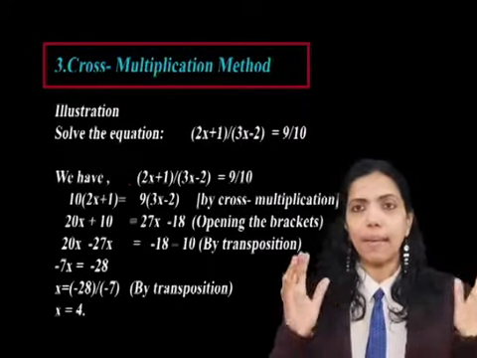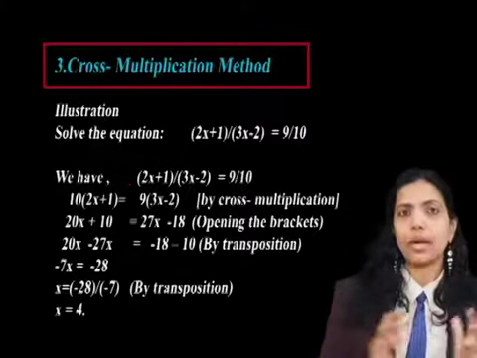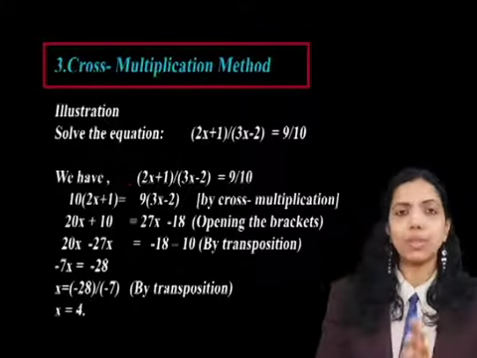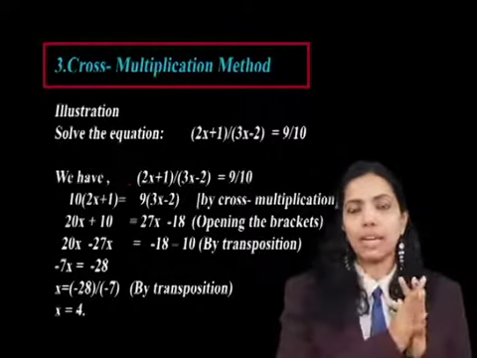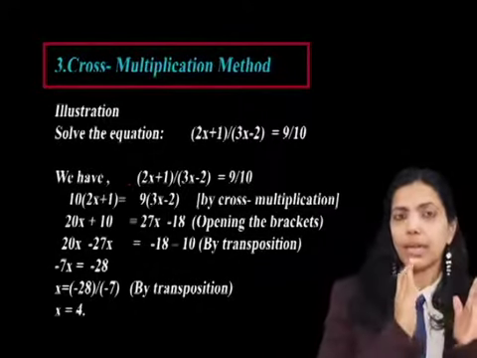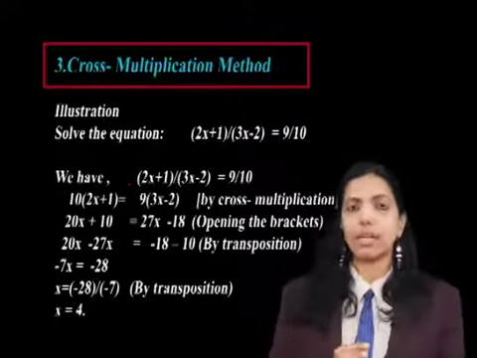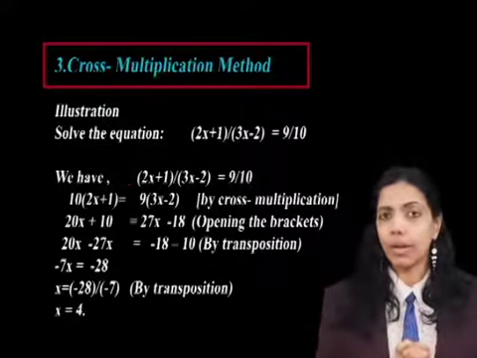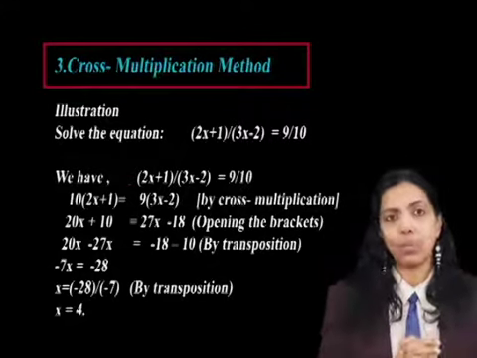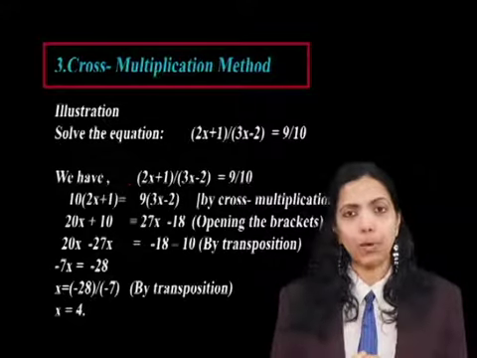So we are getting minus 7x equals minus 28. What is x? Here also we are going to do the transposition. Minus 7 multiplied by x it is. If we are transposing multiplication, it will turn as the division on either side. So minus 28 the whole divided by minus 7. What is the answer? Of course it is positive. We are getting x equals 4.